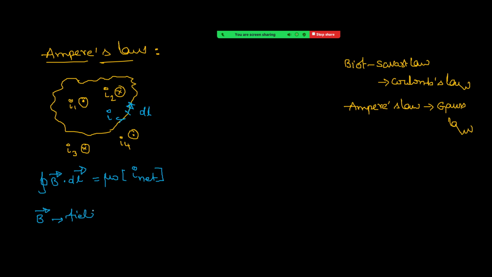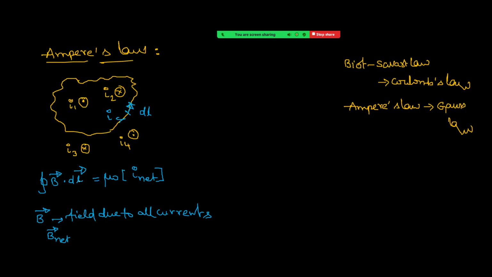It is the field due to all currents. It is not just the currents which are inside, okay? All currents means it is the net field. Right. Now see carefully. At this location, we are taking the B bar net value.